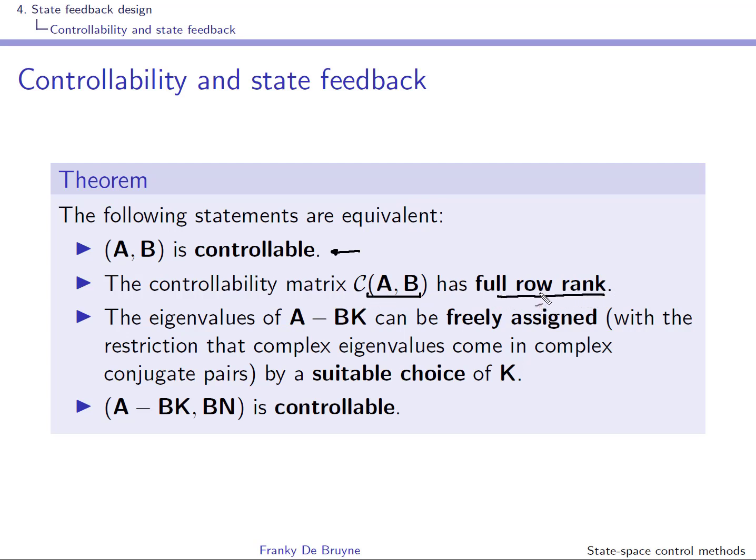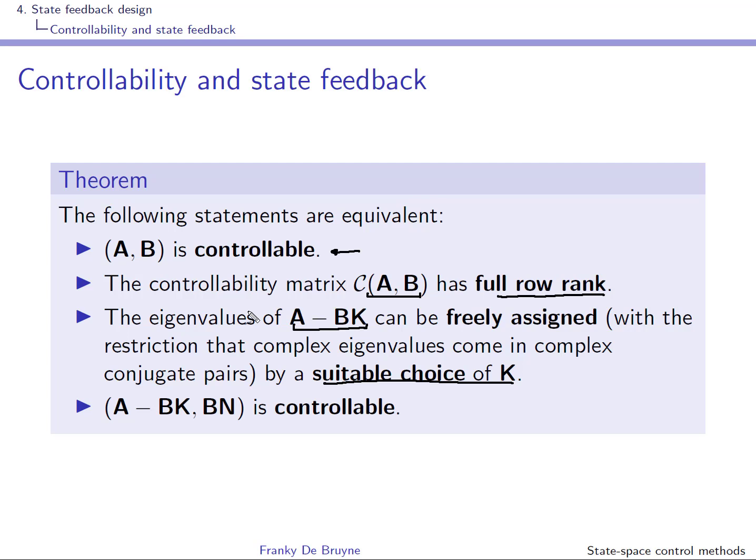If this is the case, you can assign the eigenvalues of A minus BK to any region of the complex plane by a suitable choice of K. Remember that the eigenvalues of A minus BK are the eigenvalues of the state matrix in closed loop. So these eigenvalues are actually the poles in closed loop. And of course, we'll assign them to the left half plane so that we have stability in closed loop.